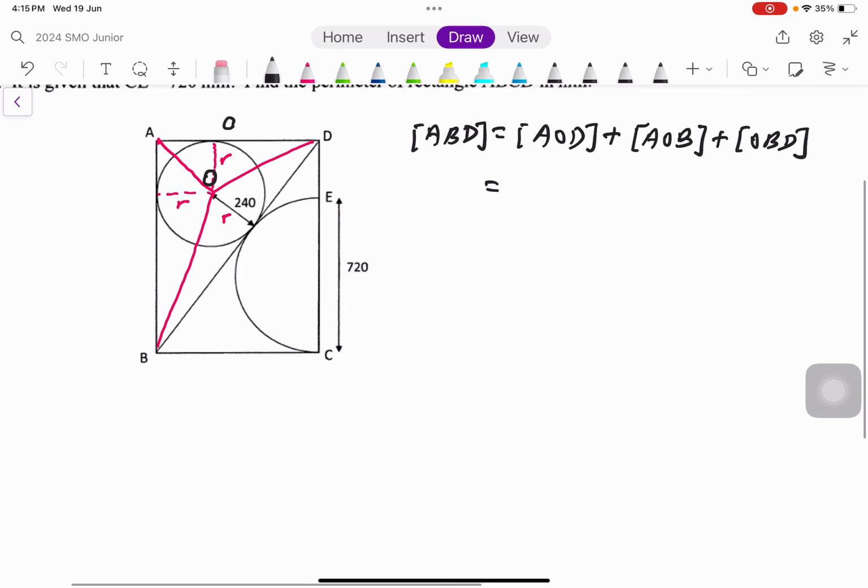Can I call the length here A, the length here B, and this length here C, all right?